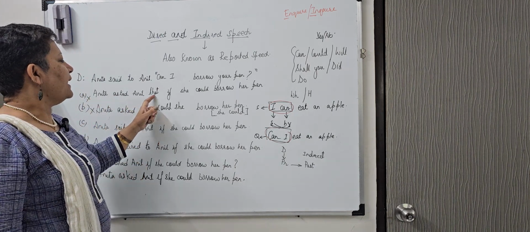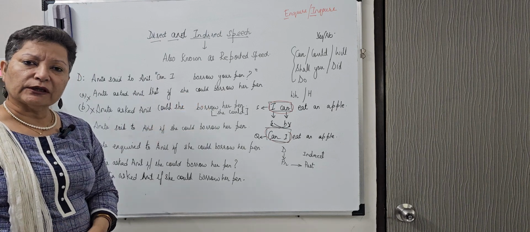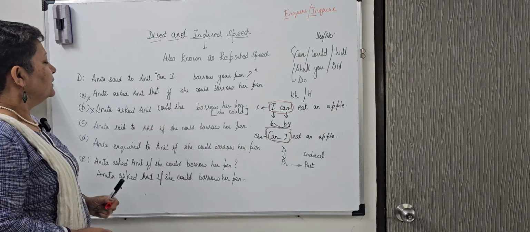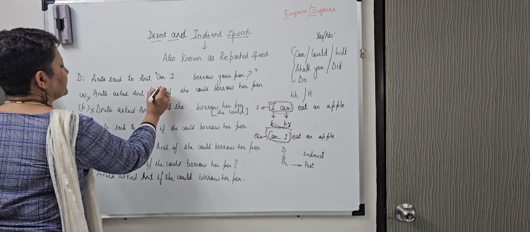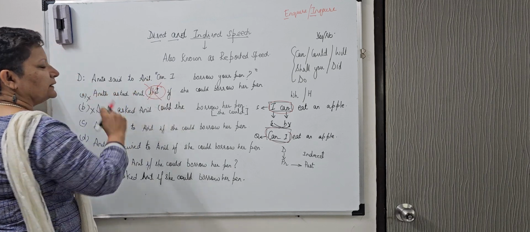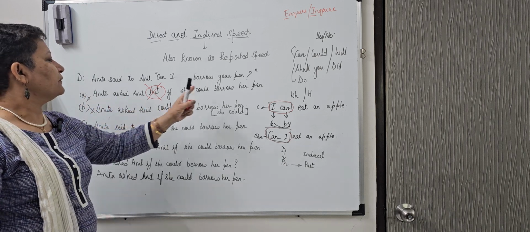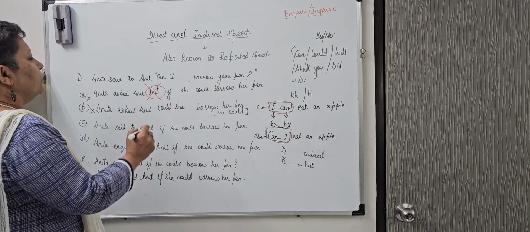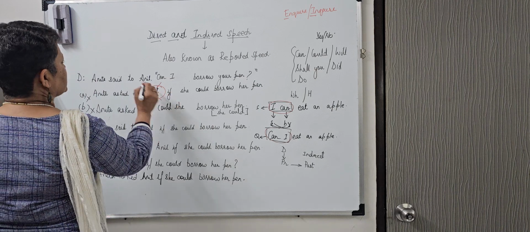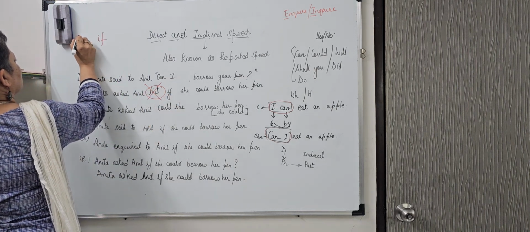Anita asked Anil that if she could borrow her pen. By the look of it, everything looks right. But then please understand that we never introduce a question with the word that. It will only be "Anita asked Anil if..." Now, if it is a yes and no question, the word if will come after the reporting verb.